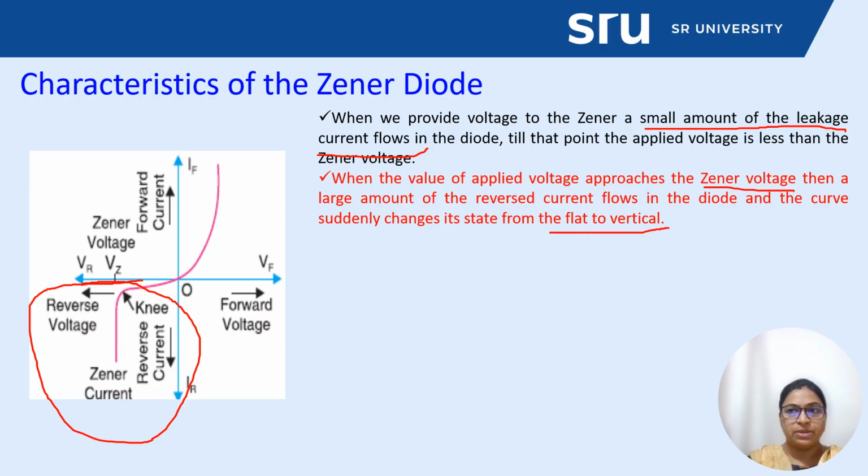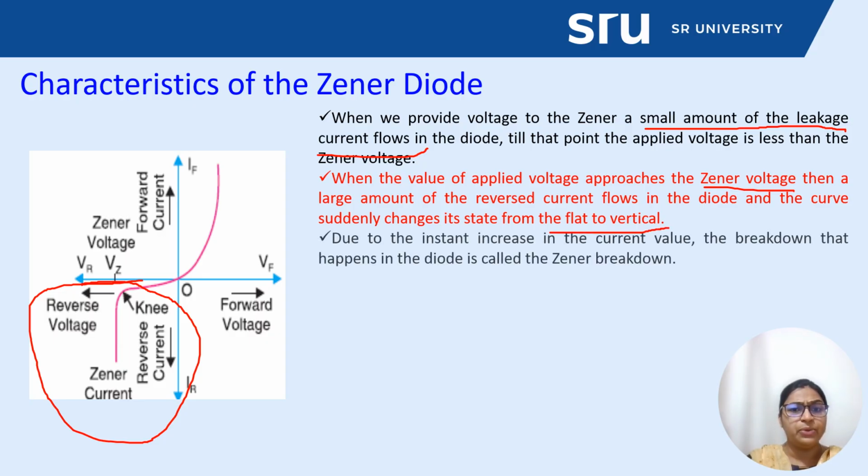Due to this instant increase of the current, the breakdown that happens is called the Zener breakdown. This region is the Zener breakdown region, and the voltage corresponding to it is called the Zener voltage.